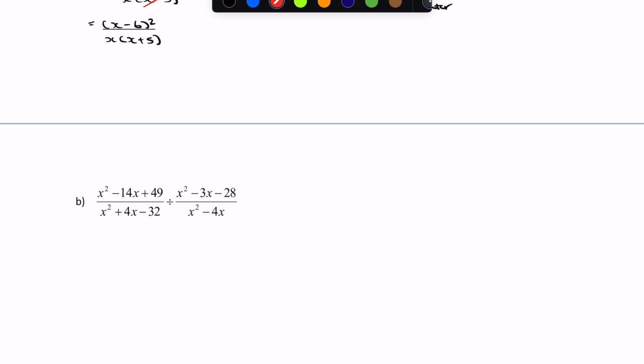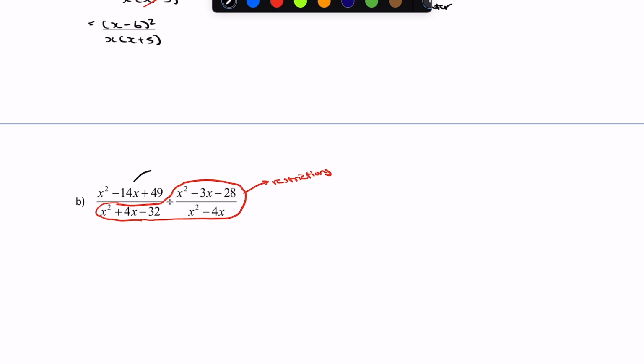If you noticed, when we're looking at the previous expression, the restrictions are really just the denominator from the first term, and then both the numerator and the denominator in the second term. These are our restrictions because we're going to flip the numerator and the denominator to make it a multiplication statement.